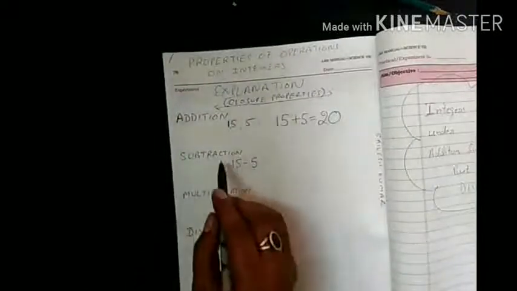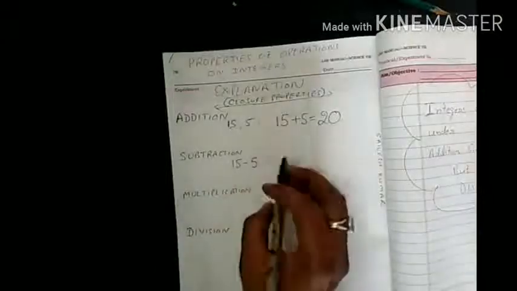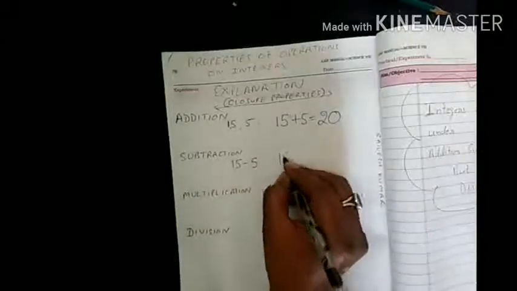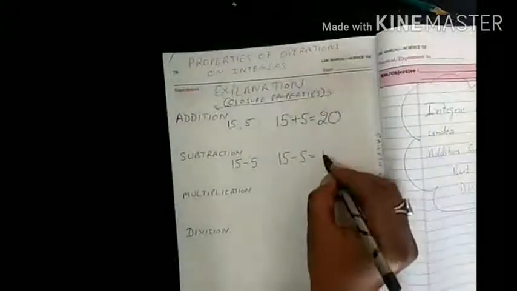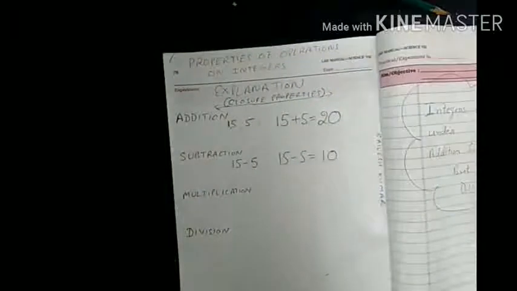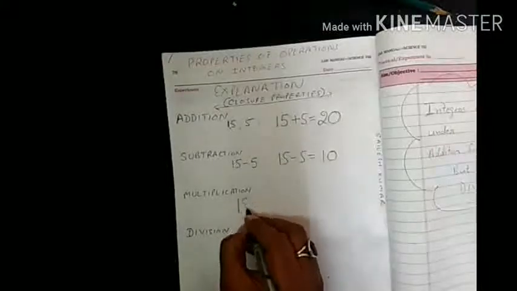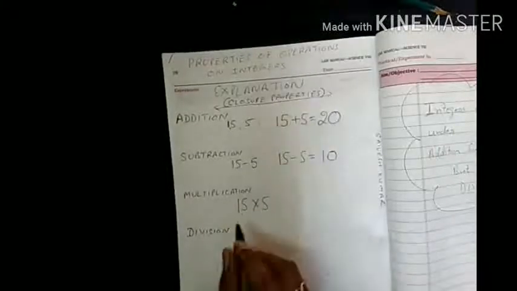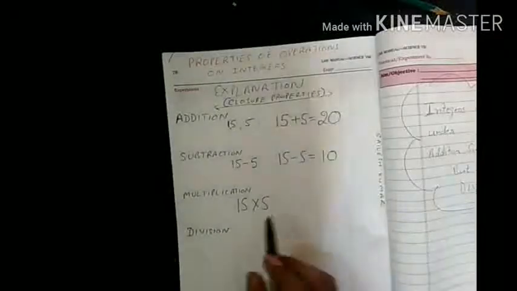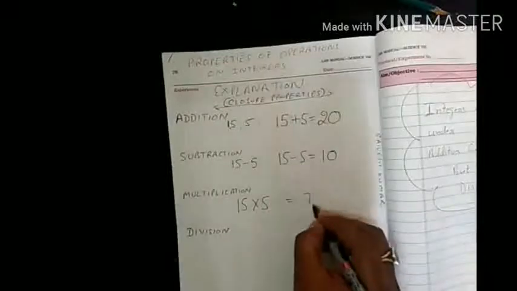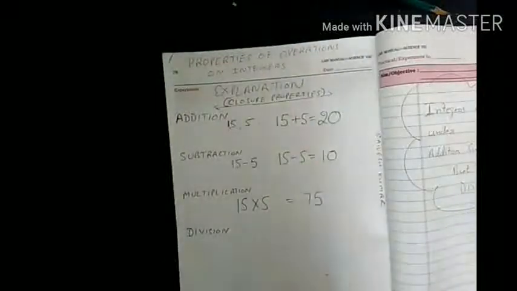When I subtract 15 minus 5, then I will get 10. Now what is 10? 10 is also an integer. Okay. Now multiplication. Now when I multiply 15 by 5, then what do I get? I get 75. 75 is again an integer.